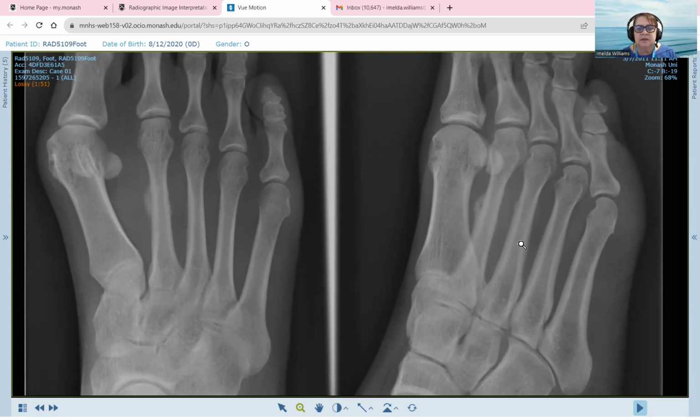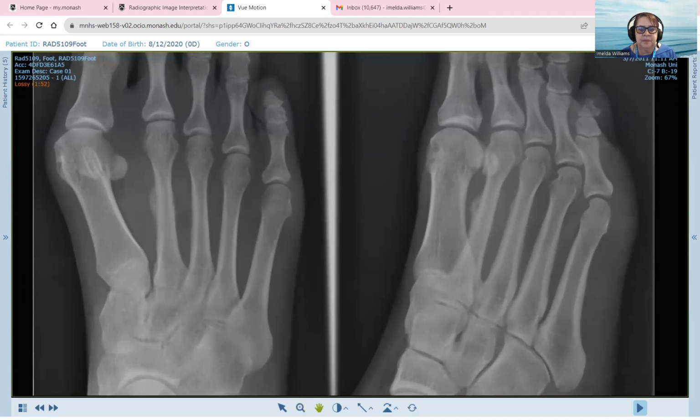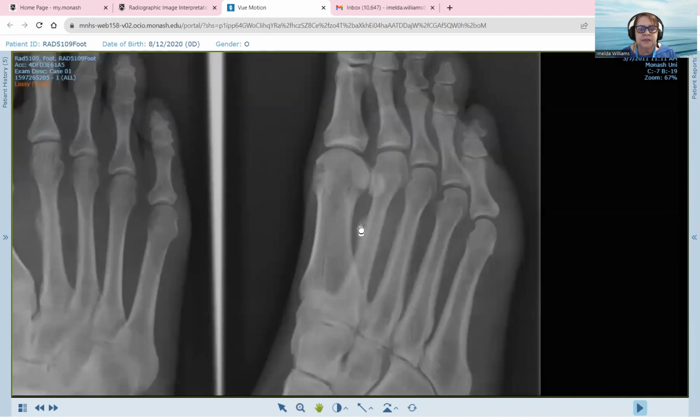And then on the oblique view, we are able to see the healing fracture on the second metatarsal, but on the third metatarsal, there's also some subtle signs of fluffiness around the distal third of that metatarsal. So it also looks like the third metatarsal has got signs of a healing fracture.